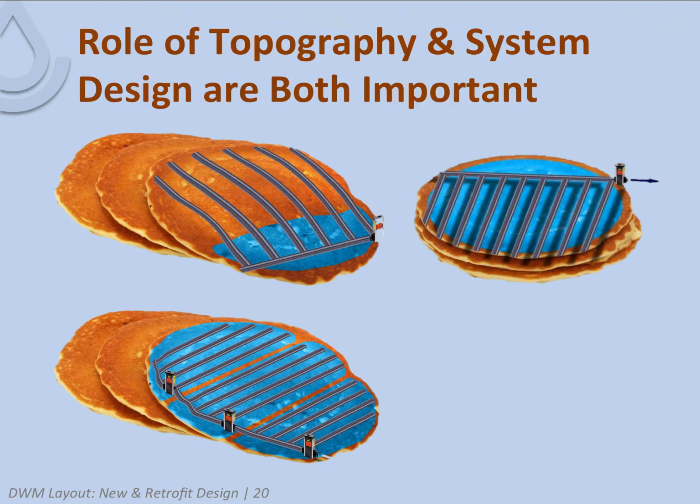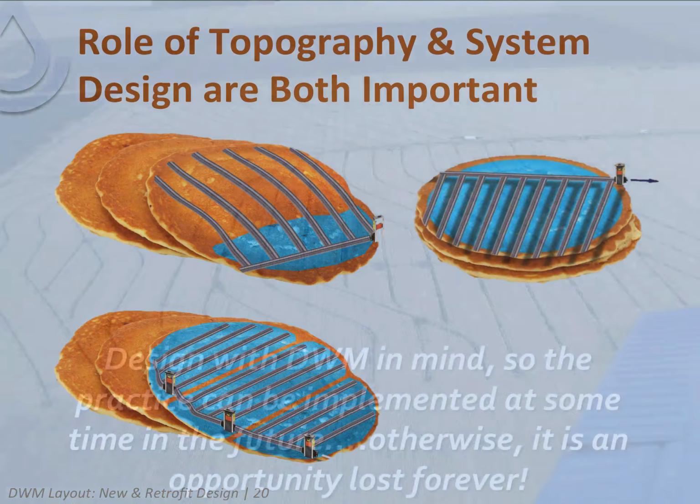So topography matters and design matters as well. When topography gets really flat, design is less of an issue. As topography, as we start to see more and more slope in a field, design becomes more and more critical, and more planning is necessary.